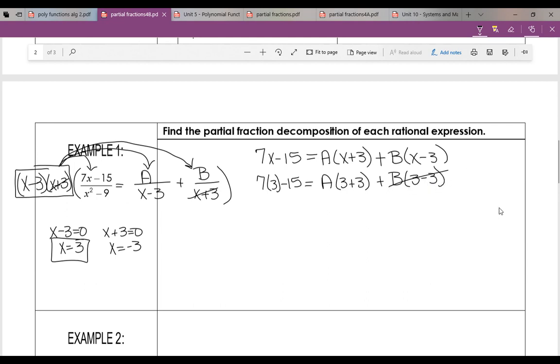The b is going to drop out this time. Do y'all agree? All right. So that's 21 minus 15, which is 6, equals 6a. 3 plus 3 is 6. And my a value is 1.